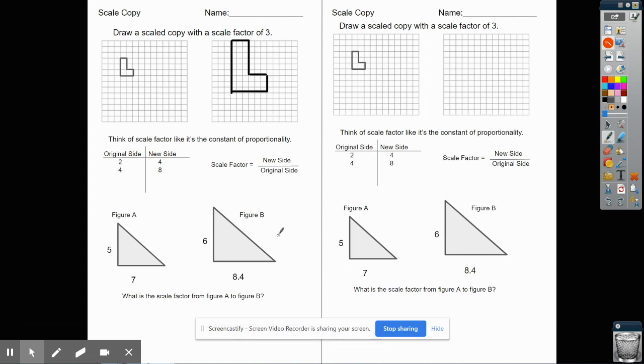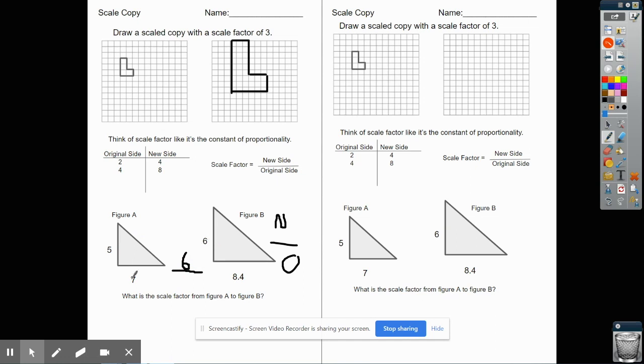So if I say new, that's a beautiful N. Apparently, this is not my skill of drawing. Okay, new divided by the original. When I do that, what's the scale factor from figure A to figure B? Well, the new is figure B. So I'm going to do 6 divided by the corresponding side.